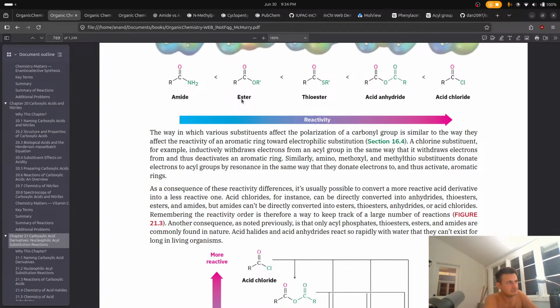A chlorine substituent, for example, inductively withdraws electrons from an acyl group in the same way it withdraws electrons from and thus deactivates an aromatic ring.